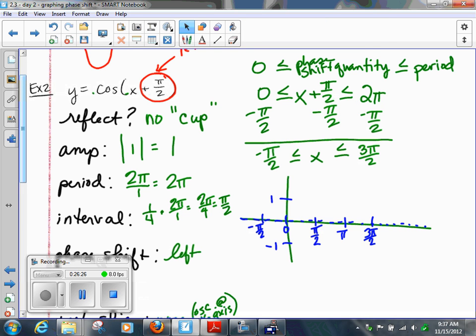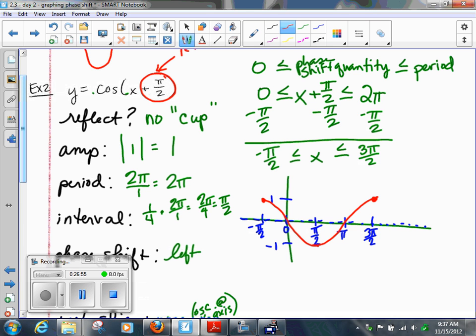Okay. From my last problem, I know those are going to be my x values. And it's going to start here. And this is what I have to think about. It's going to go through 0. My minimum point's going to be here at pi over 2. It has to pass through pi. And then my maximum value will be there at 3 pi over 2.